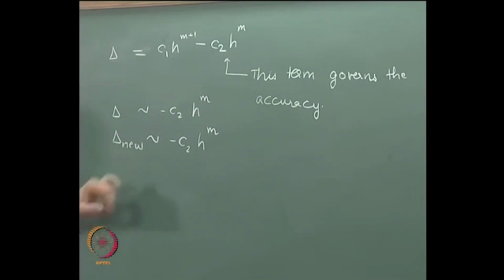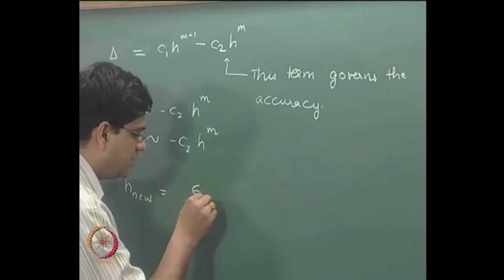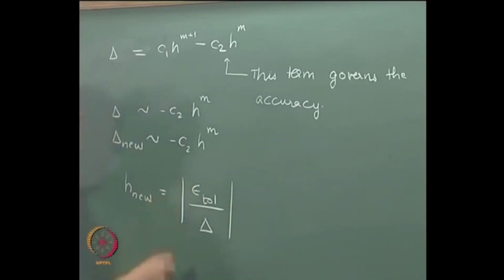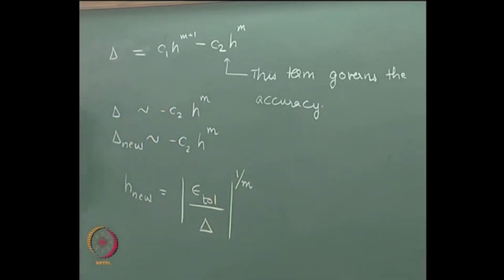Okay. And then when we take the ratio between the two and we use the same manipulations as we have done over here, what we are going to get is that the h new that we have to choose is going to be equal to epsilon tolerance divided by the absolute value of delta, raised to the power of 1 by m. Okay.